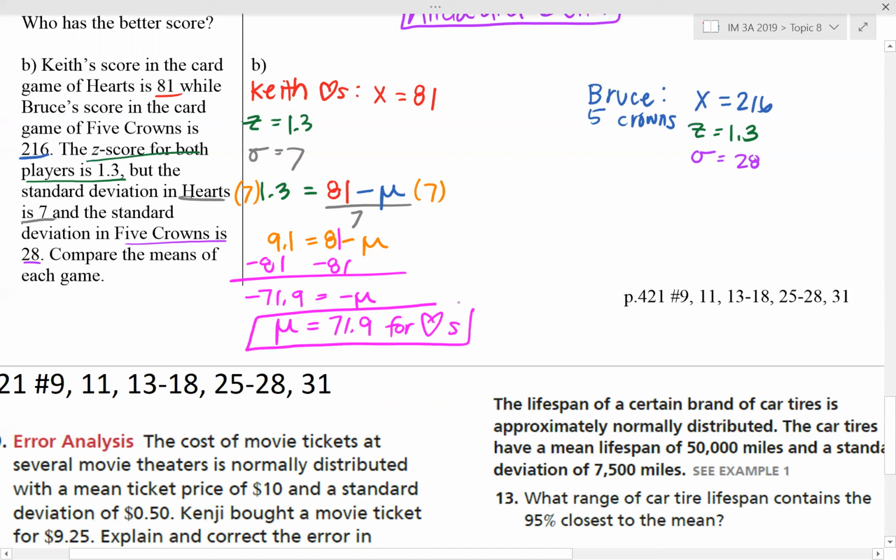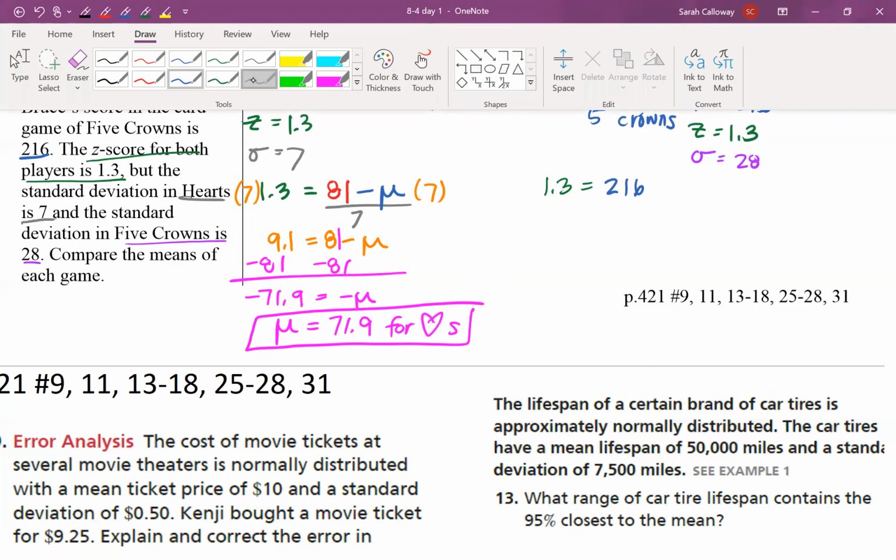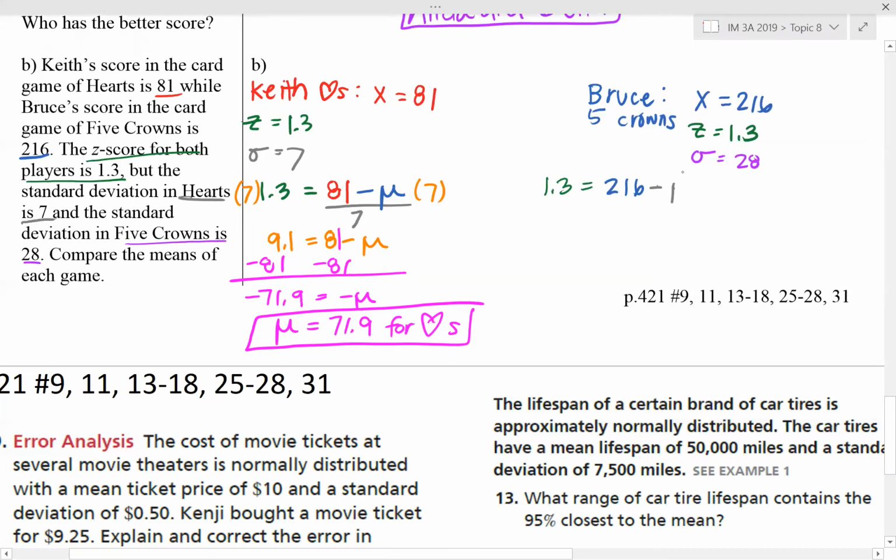And then we want to also find the mean for 5 crowns. So we have to follow that same process. So this time the z-score is still 1.3. But that's equal to Bruce's score, which was 216, minus the mean we're looking for, divided by the standard deviation of 28.